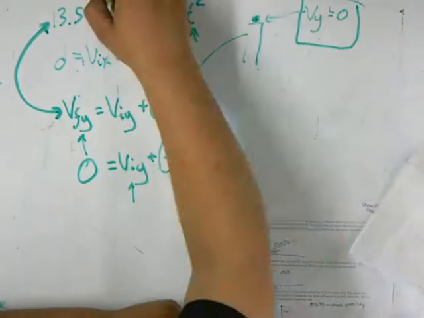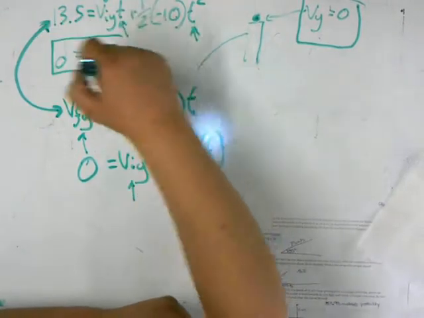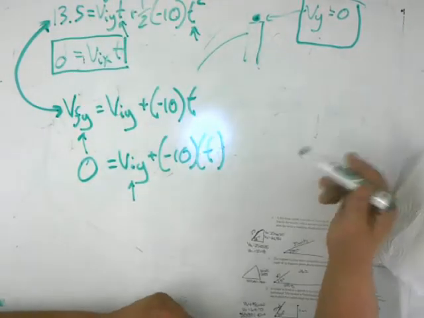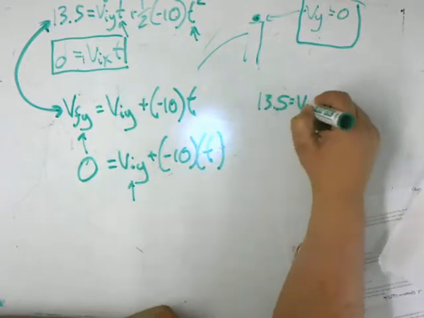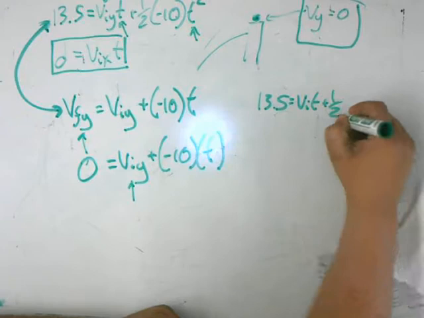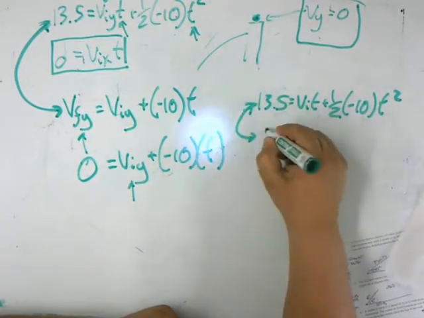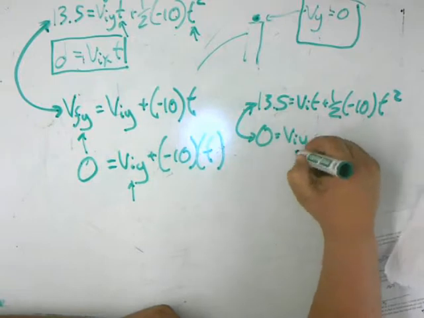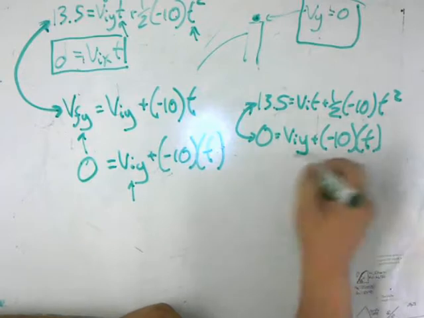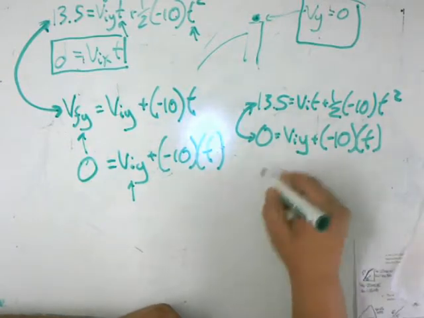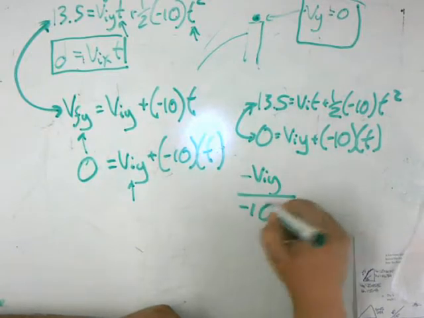I'm looking at 13.5 is equal to V initial Y times T plus 1/2 negative 10 T squared, and 0 is equal to V initial Y plus negative 10 T. If I solve for T, bring this over to the other side, negative V initial Y divided by negative 10 is equal to T. The negatives cancel off, and now I have exactly what I need, because I can plug that into the other equation.